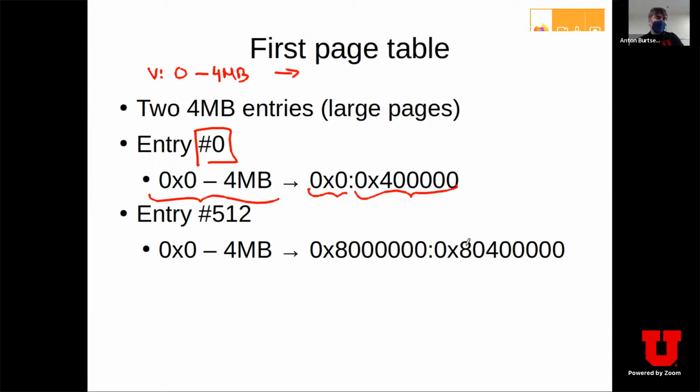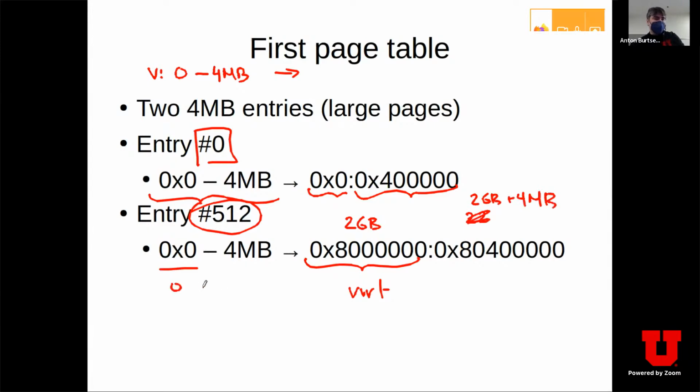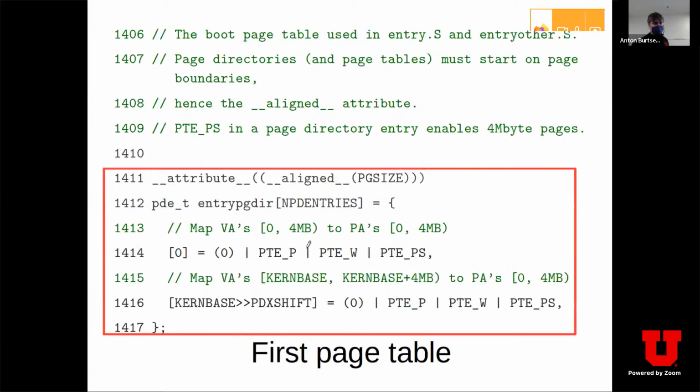And the second entry, entry 512 in this array, will map virtual addresses starting at the 2nd gigabyte, to the 2nd gigabyte plus 4 megabytes, to the physical addresses from 0 to 4 megabytes. Just 2 entries. It's a little bit magical. Why do we only care about 2 entries right now? I will explain it in a second. But essentially what we're trying to achieve is the mapping which allows us to eventually move the kernel from the lower addresses to the higher addresses.